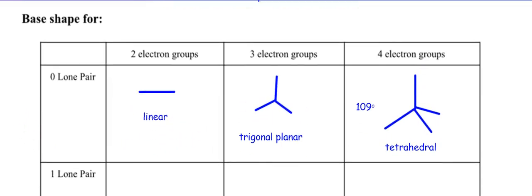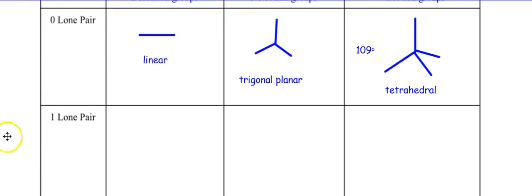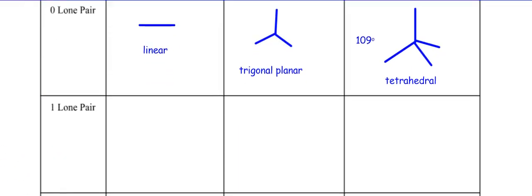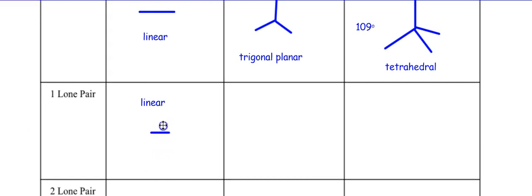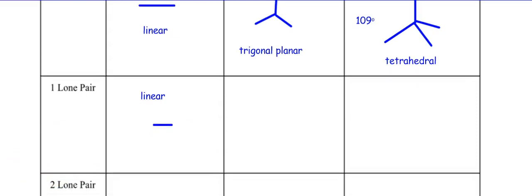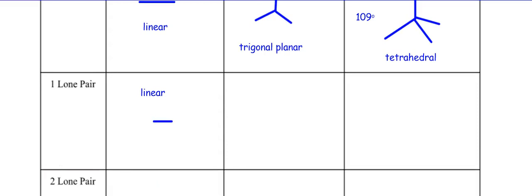So what if I have two electron groups with one lone pair? All right, that will work. Okay, so once again, it is linear. Now what I kind of did is I erased this, and it's still linear, you're not changing. But watch what happens when I look at some of these other ones. So here is my original trigonal planar, the original three electron groups.